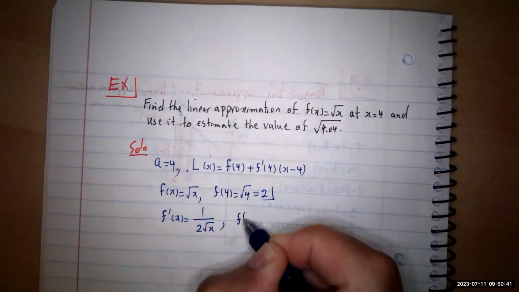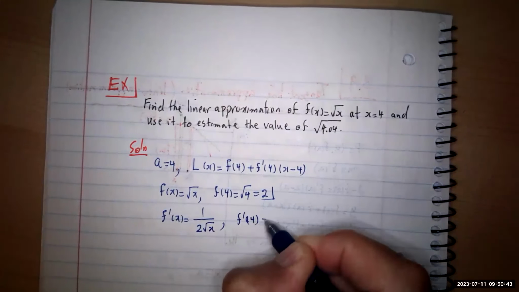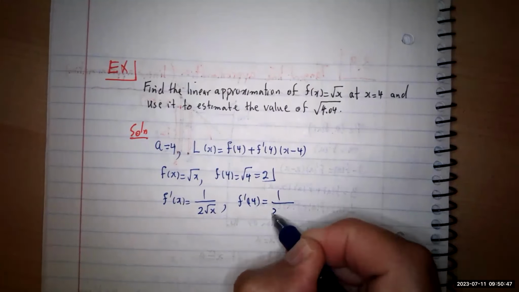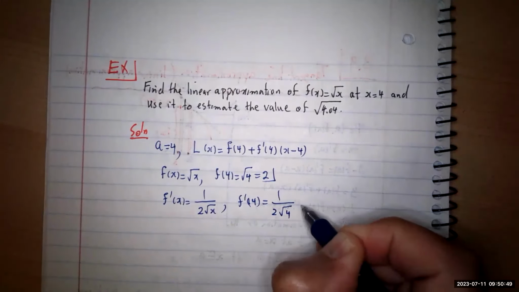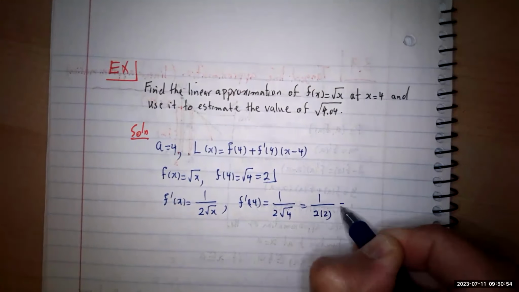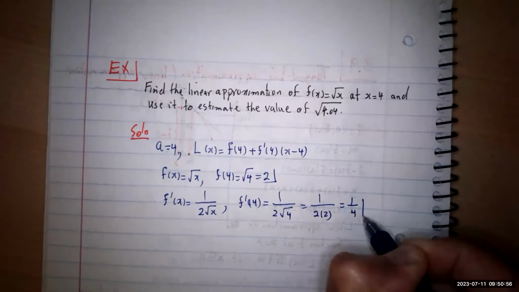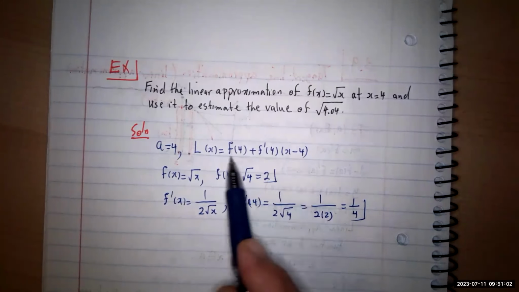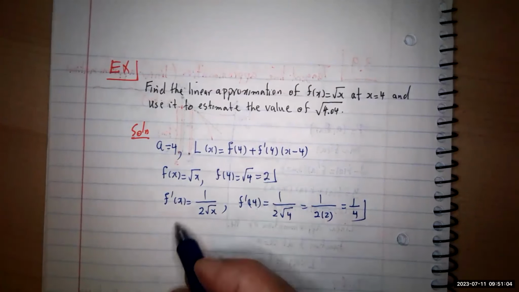Find f prime of 4. f prime of 4 is equal to 1 over 2 radical 4, which is 1 over 2 times 2, which is a quarter. It's like the slope. Okay, put it here to get L of x.